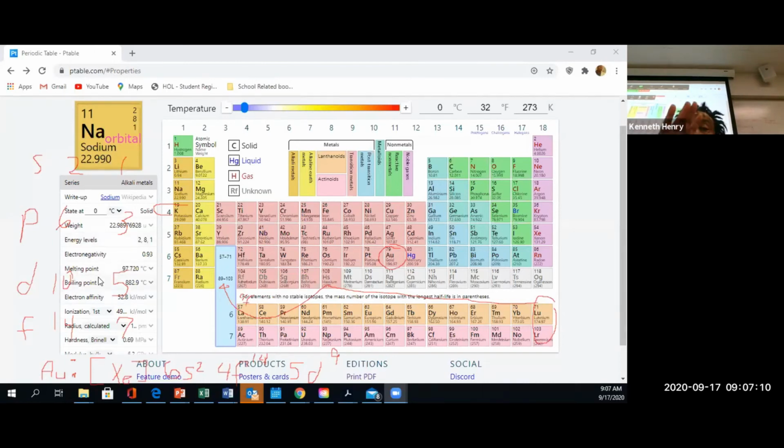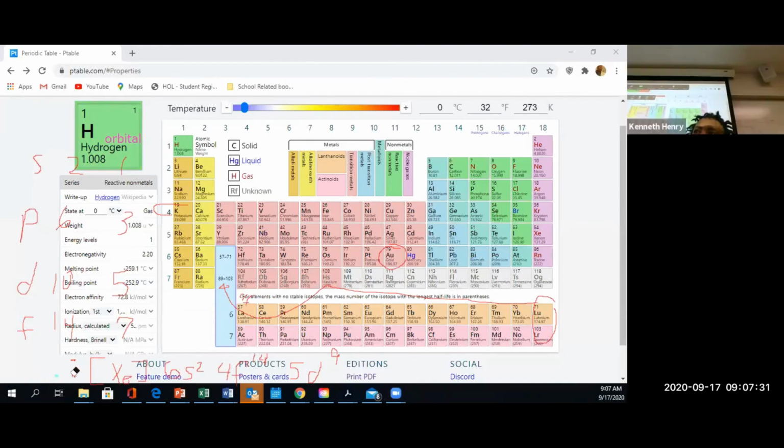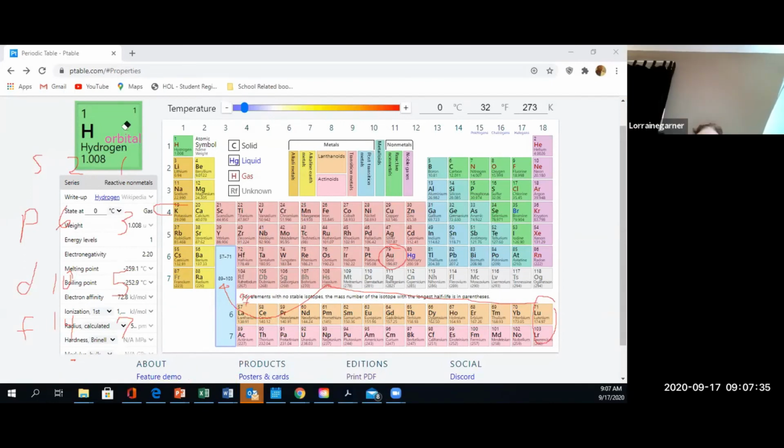Okay. So now I'm going to ask you a question. If we found a new element and we go to the G sublevel, because that will be after the F, how many electrons can the G sublevel hold? 18. Okay, and you figured that out by? The pattern. I just noticed the pattern. That's right, exactly.